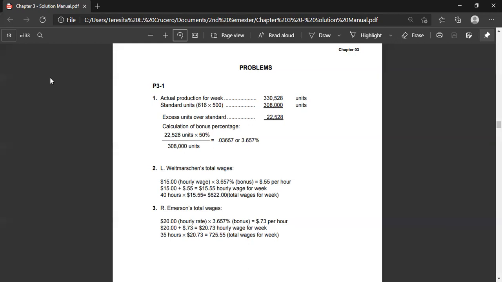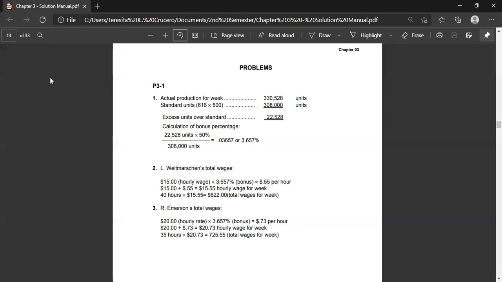What are the total wages of Ms. Emerson who worked 35 hours at a base rate of 20 per hour? So 20 times 3.657% is the bonus. The bonus is 73 cents per hour.